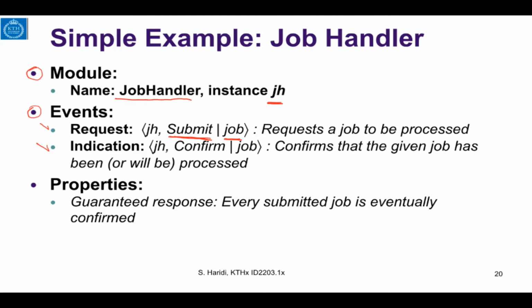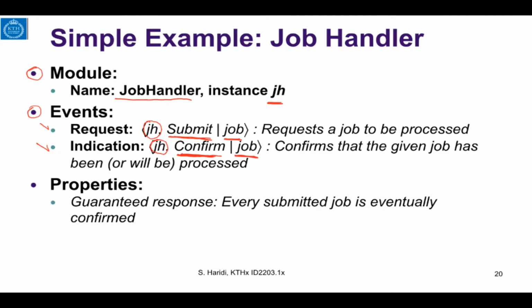An indication event will be an event confirming that the job has been or will be processed. So this event we call a confirm event, and it will also have an identifier for the job. We use as a convention the instance name to denote what component we are referring to, JH in this case.